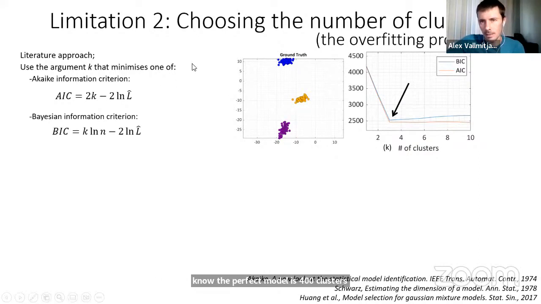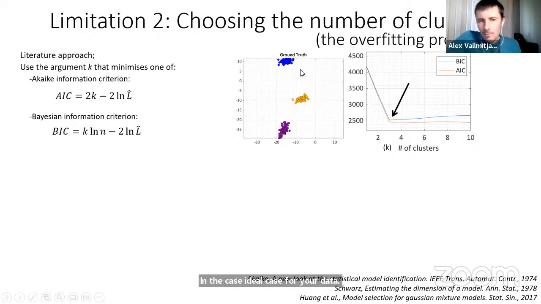This is why there's been a bunch of methods related to establishing the correct number of clusters. And there are these criteria that penalize the number of clusters at the same time as maximizing the efficiency of the clustering. So usually in perfect cases, you would expect to find a minimum in this quantity in the ideal case for your data.